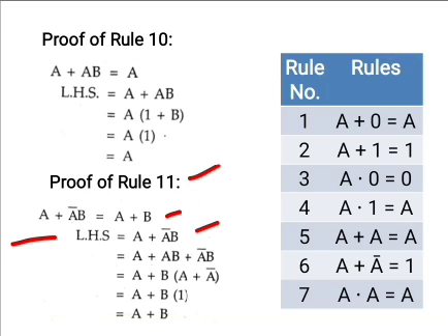First you take the LHS, a plus a complement b. That means the rule number 10, a equals a plus ab. Therefore, I am taking a equals a plus ab.